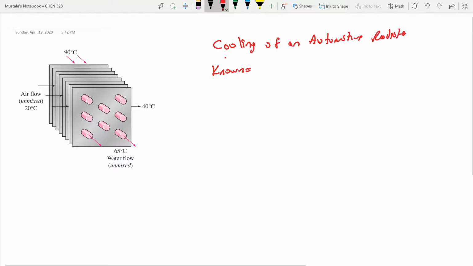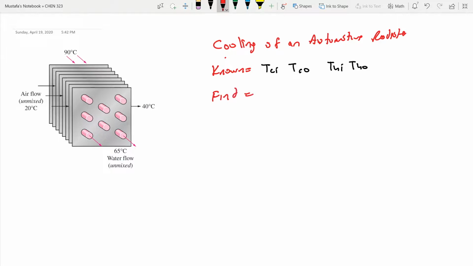We know T cold in, T cold out, T hat in, T hat out. What are we trying to find? Find U.